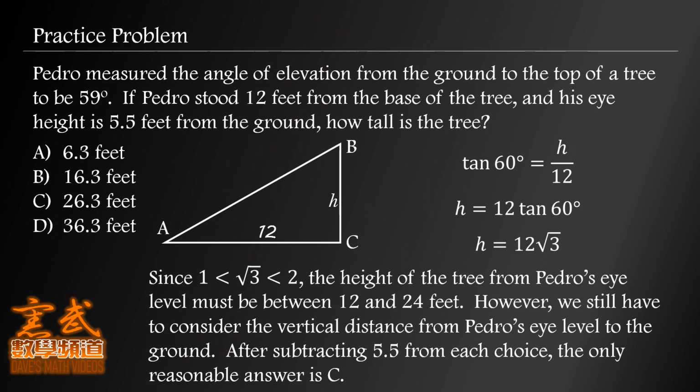However, we still have to take into consideration the vertical distance from Pedro's eye level to the ground. After subtracting 5.5 from each choice, the only reasonable answer in this is C. Okay, so this is the final answer for this question.